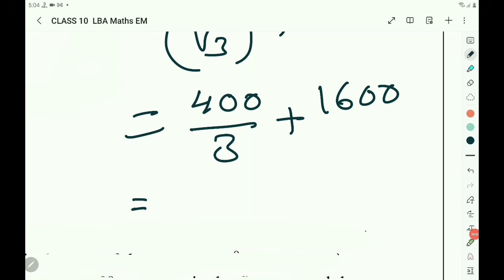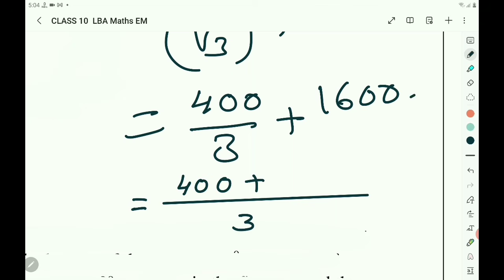Equals, take the LCM here. For the LCM 3, write this 400 as it is, 400 plus 1600 into 3, because the LCM is 3. Here if you take 1 by 1, 1 is to be multiplied by 3 to get 3.